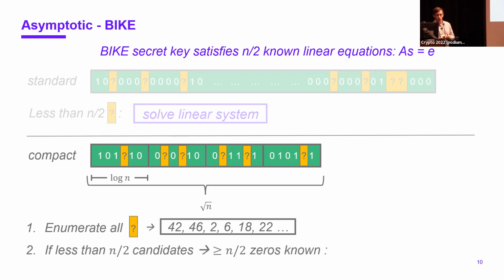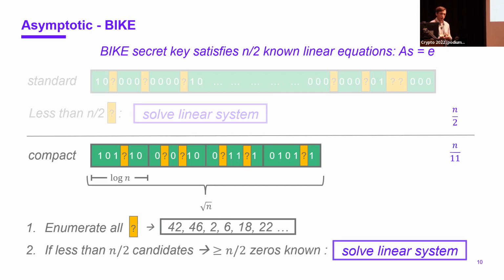And then, of course, if something is not appearing among this list, then it must be 0. So that means as long as the list is smaller than n/2, we know n/2 zero positions and can eliminate n/2 variables from this system, and can then again solve via Gaussian elimination. Exactly.